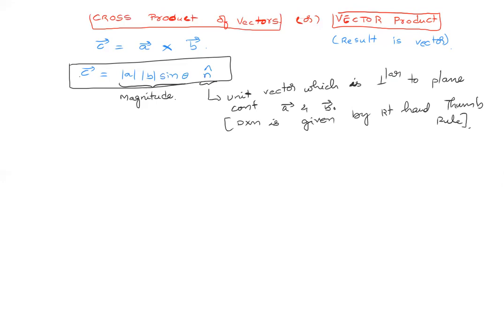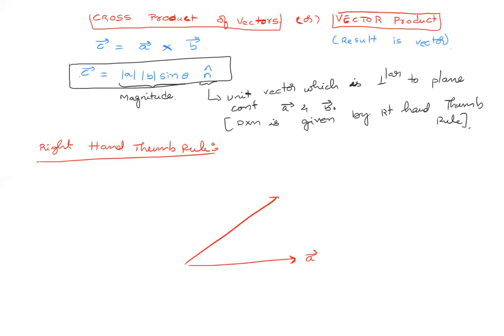So what is this right hand thumb rule? If you have a vector A bar and one more vector B bar, and C bar is equal to A bar cross B bar, then n cap is the unit vector in this direction.